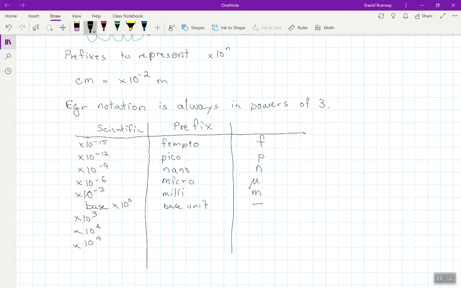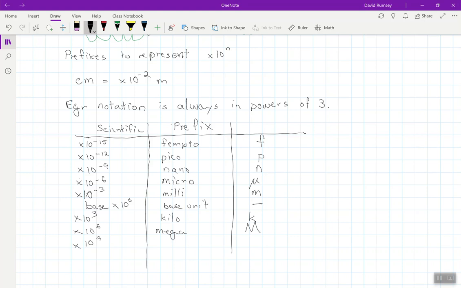So there is no prefix, so that would be like meter, or in our case, like farad, ohm, things of that nature. And then in this case, times 10 to the third would be kilo, which is lowercase k. Now this is the one we have to be a little bit careful with. Times 10 to the 6th is mega, which is a capital M, not to be obviously confused with the lowercase m.